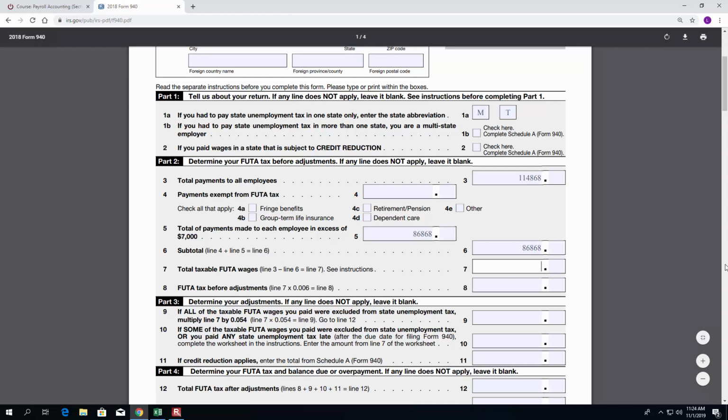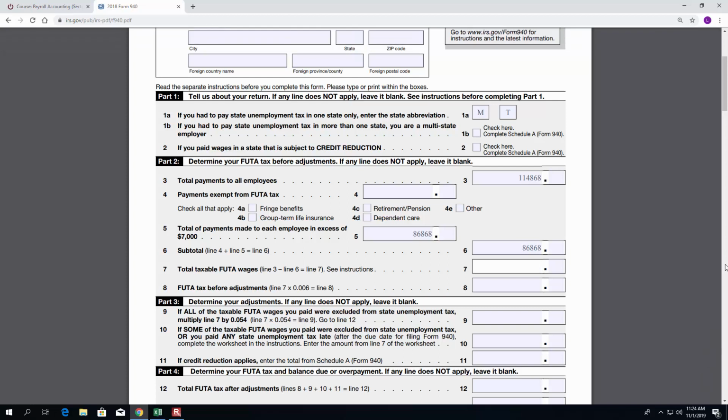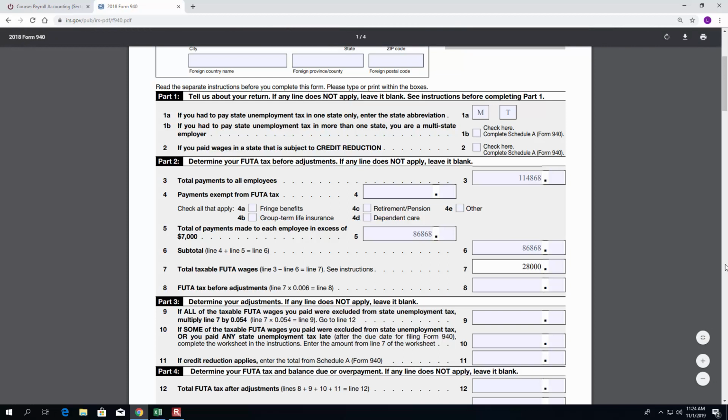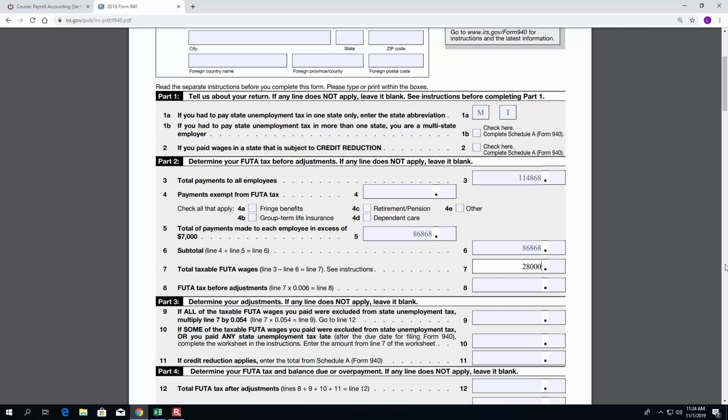Take line 3 minus line 6. Line 8, figure out your FUTA tax before adjustments. We've already done that. You can double check your numbers, but we've got it up on the chart, don't we?